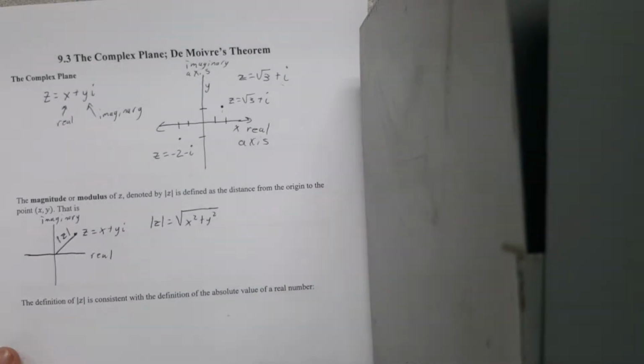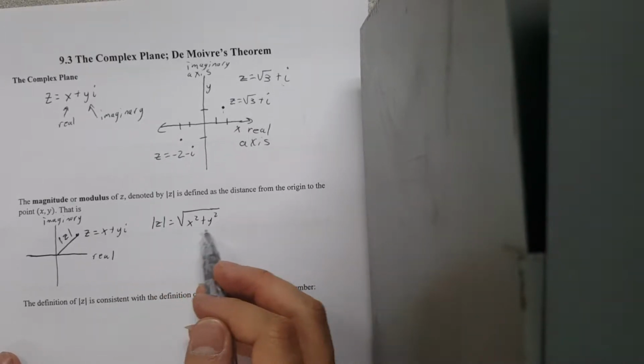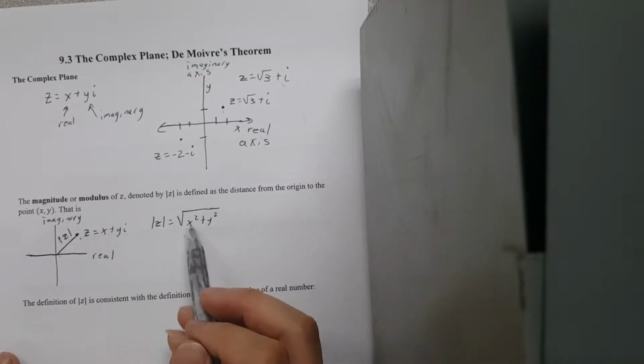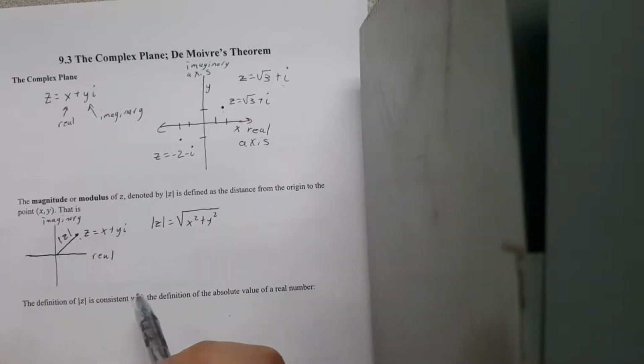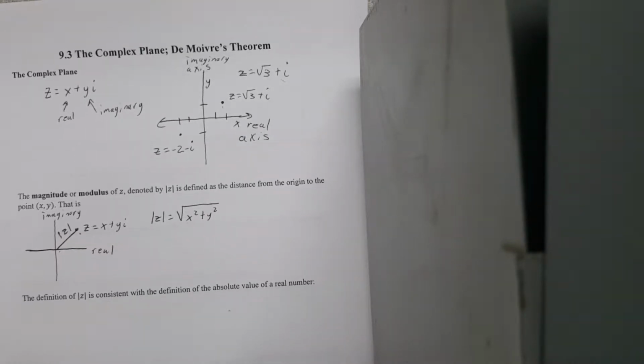Just like how in the polar coordinate system, r was equal to the square root of x squared plus y squared, the same thing here, the distance from the origin to the point is also the square root of x squared plus y squared. And so that's the definition for the modulus or the magnitude.